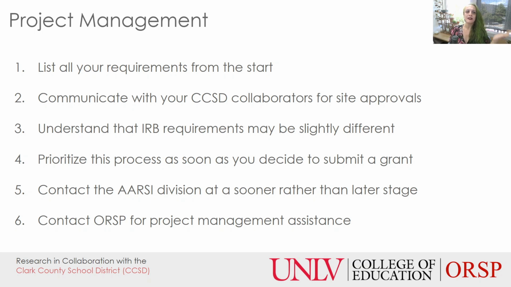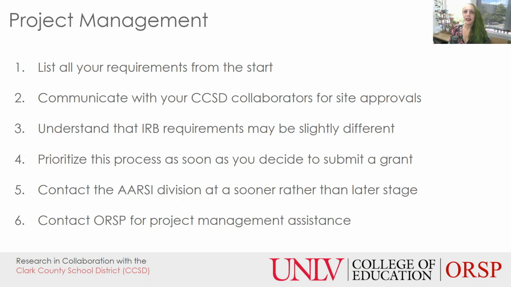The next point is to communicate with your CCSD collaborators for these site approvals and those director level approvals early on in the process. As soon as you have your design, as soon as you have something to tell them, basically, go to them, try to start that process of collaboration and getting those letters as soon as possible.